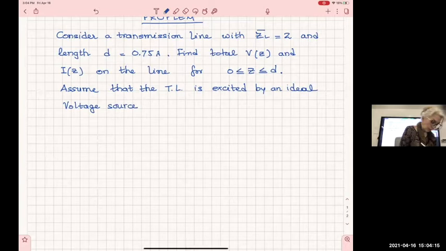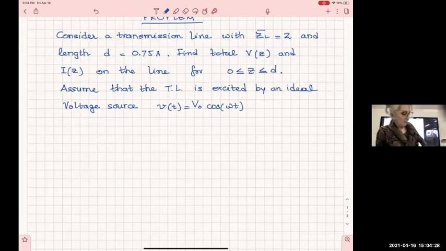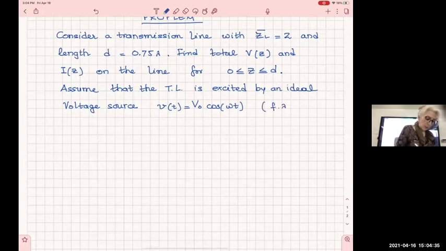And then V of t equals V naught cosine omega t, where lambda is where F times lambda equals C in this case. So the lambda I gave you is that lambda.